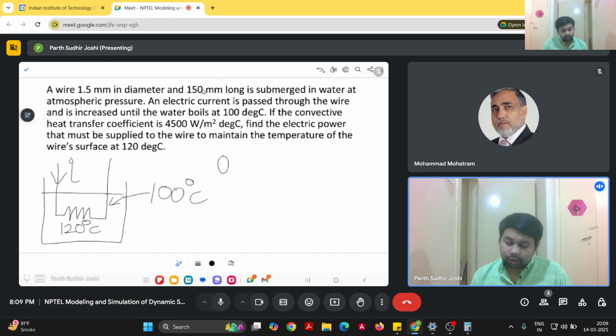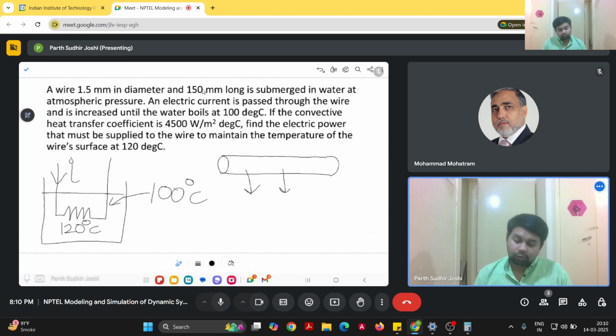The wire has some diameter and length, and heat is being transferred through convection to the water. The heat transfer coefficient is given as 4500 watt per meter square degrees Celsius.